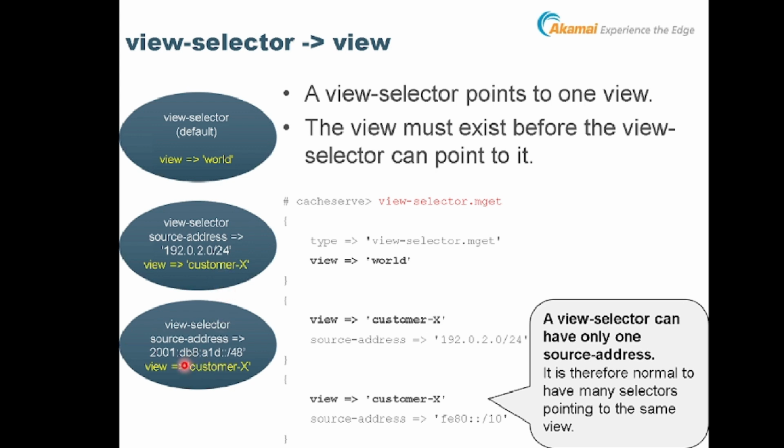And I happen to know that this customer also gets this block of IPv6 addresses, so I can associate this view with the individual set of IP address blocks in IPv6. So these are examples of selecting the filters, of the view selection as a filter.